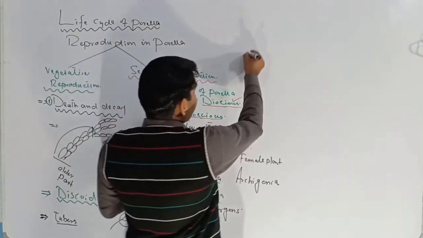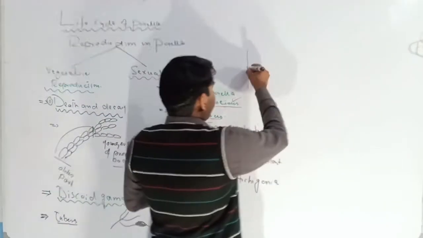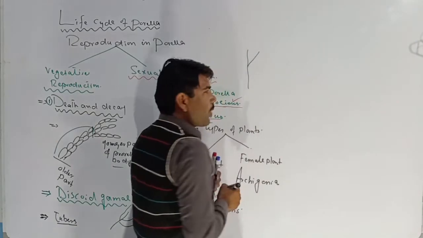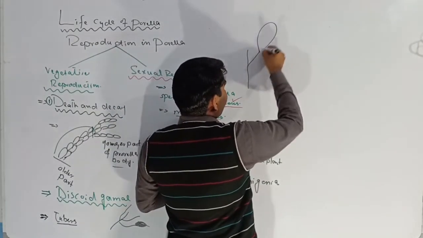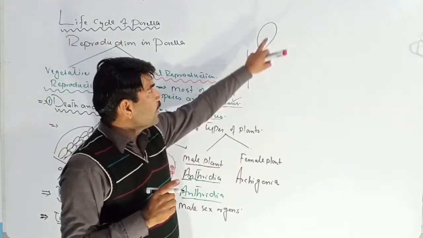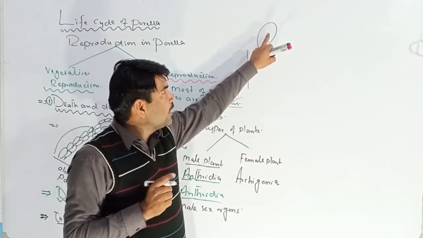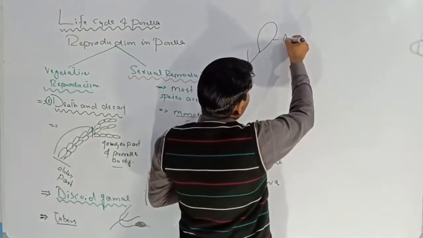For example, this one is a male plant and this is a branch, and at the tip of the branch these structures are known as male sex organs, and these male sex organs are known as antheridia.